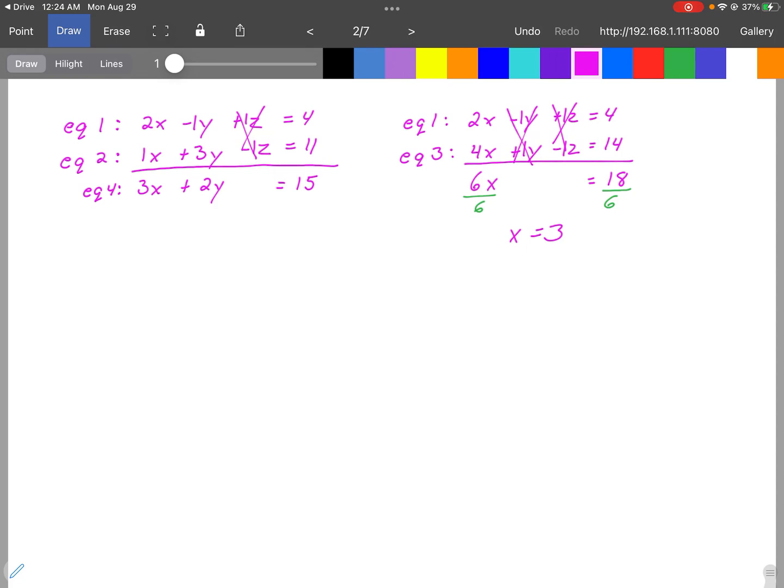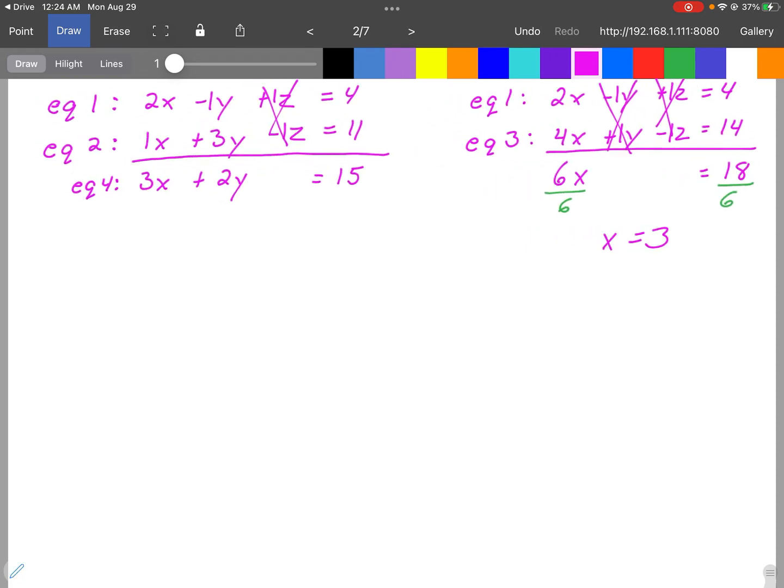Now, I do technically still have a 2x2 system, but all I have to do to solve for that other variable, my y, is take that 3 that I got for x and plug it back into equation 4. So I'm going to go ahead and rewrite equation 4.